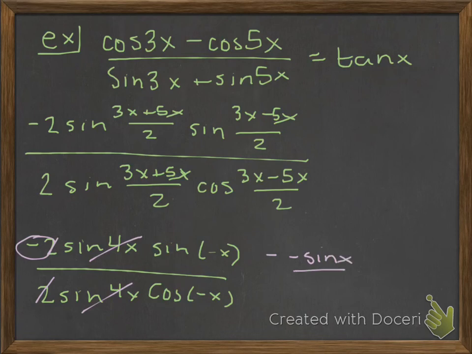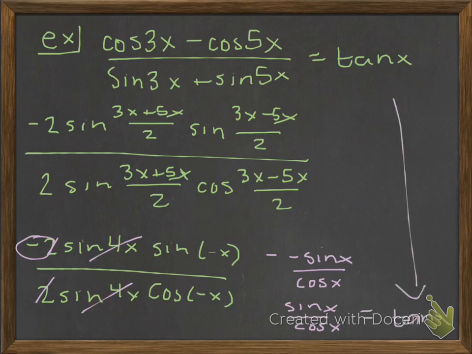And for cosine, the negative goes away. And we know two negatives make a positive, so now I have sine x over cosine x. And at this point, we've now proved that this is equal to tan x, because we know sine over cosine is tangent. So this is how you use the sum to product formulas to verify. So we'll pick up with this more tomorrow.